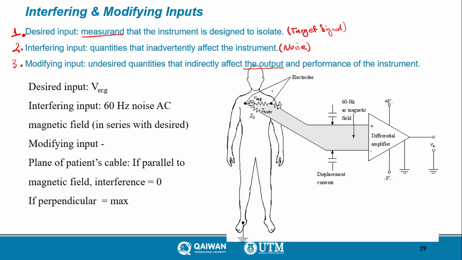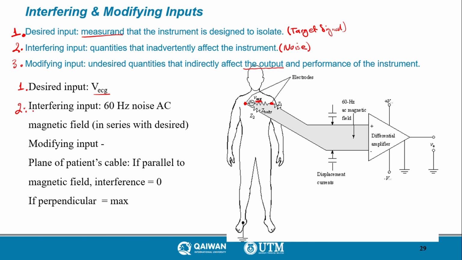For example, here, this is the patient. We are adding two electrodes in order to measure the ECG signal. So we have one electrode here and a second one at this point, and we are measuring the VECG by using a differential amplifier. So the desired input, number one, will be VECG.